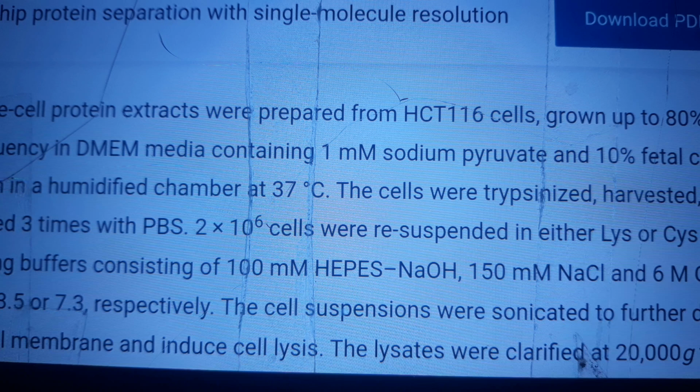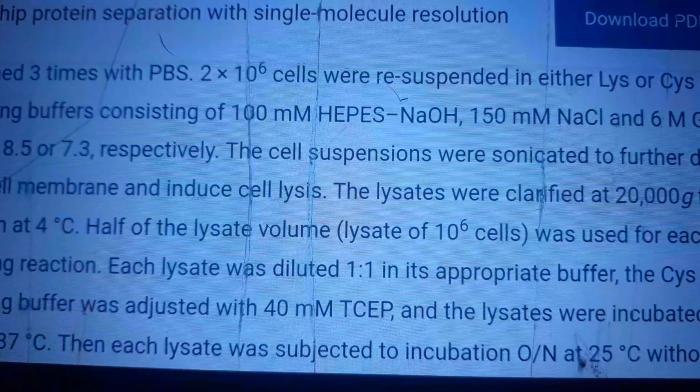The cells were trypsinized, harvested, and washed 3 times with PBS. 2 by 10 to the 6 cells were resuspended in either lysine or cysteine labeling buffers consisting of 10 mM HEPES sodium hydroxide, 150 mM sodium chloride, and GuHCl at pH 8.5 or 7.2 respectively.